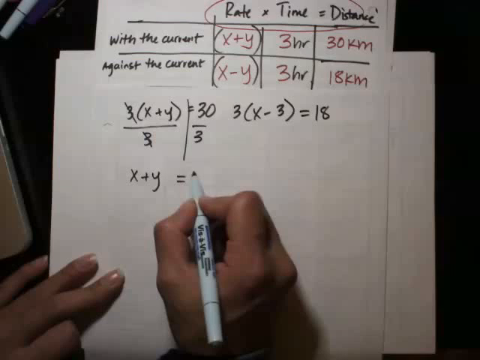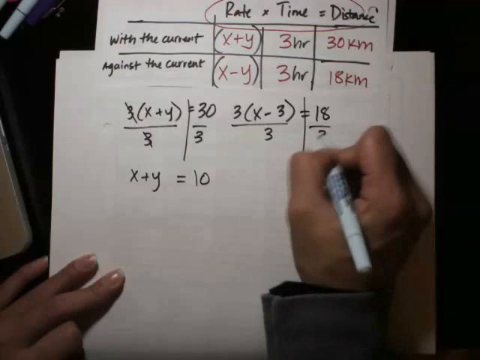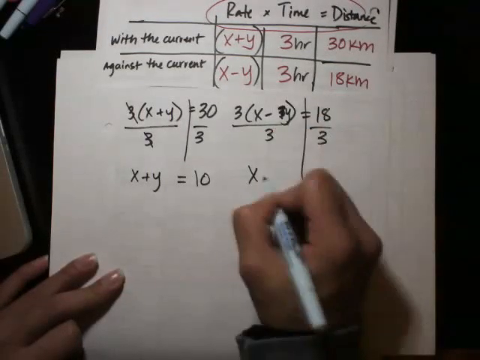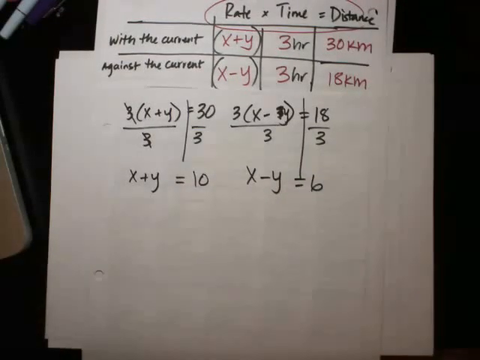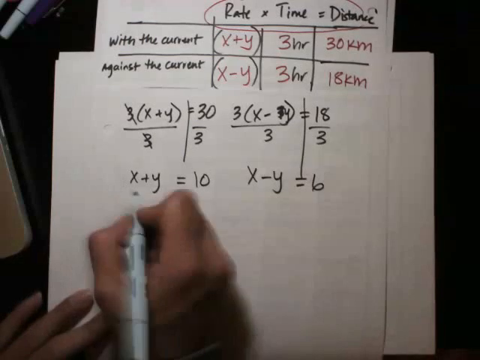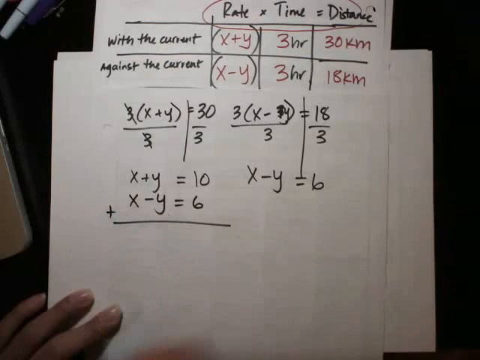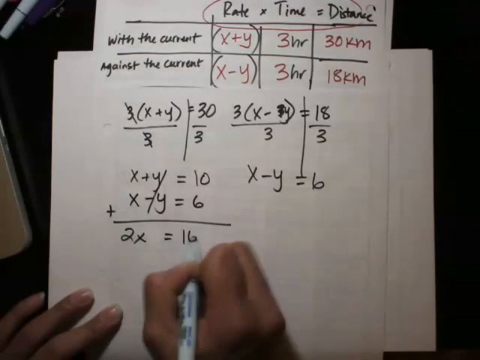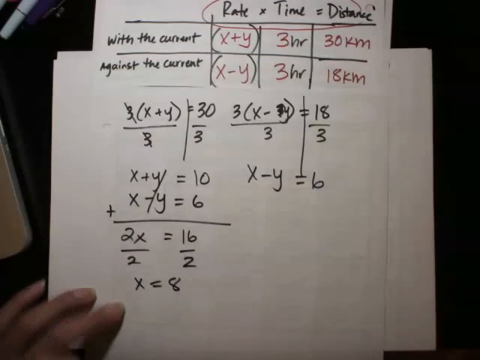Here I'll have 30 divided by 3, which is 10. Doing the same thing to this equation, I'll have x minus y equals 18 divided by 3, which will be 6. I can just line these two equations up. Add straight down, I'll have 2 x's, y's will be eliminated, equal to 16, and dividing by 2, x will be equal to 8.